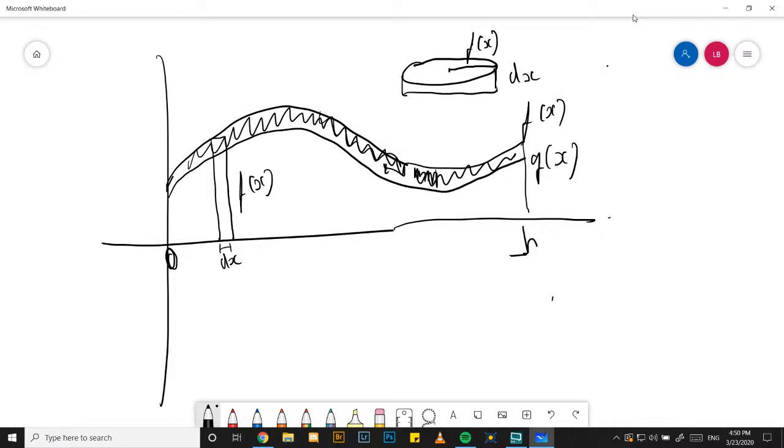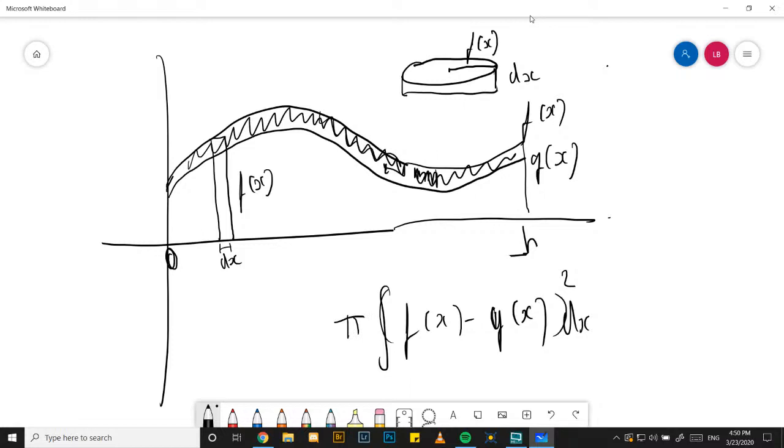And to figure out what that is, we need to figure out f of x minus g of x. So normally, if we're just trying to find the area, we would do the integral of f of x minus g of x dx, which is fine. And you might be tempted to just say, okay, we can just square this, stick a pi in the front of it, and that's it.